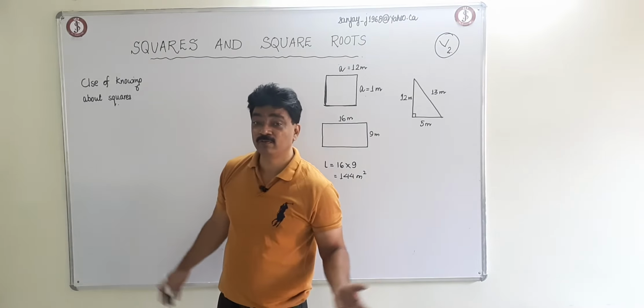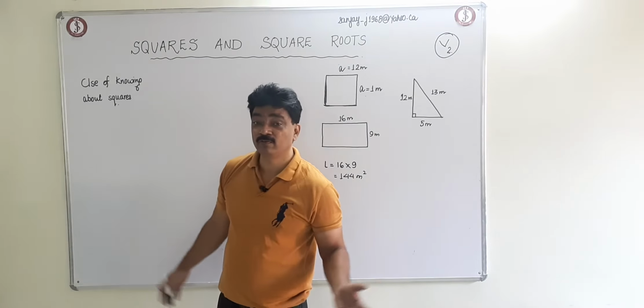What is the relationship? The square of the two smaller ones, if I find and add them up, I get 169. That means 12 square plus 5 square is equal to 169, and the hypotenuse square is 13 into 13, that is also equal to 169.